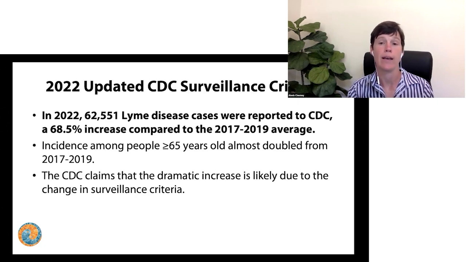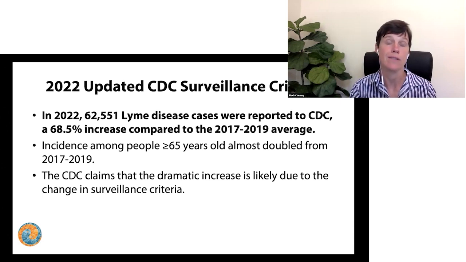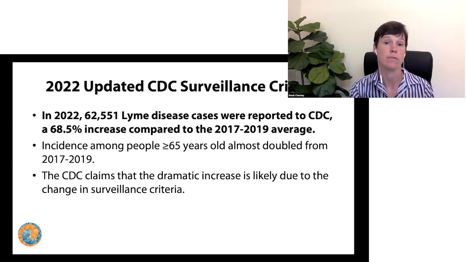And now, as I had shared earlier, we have the 2022 numbers in, 62,000 new Lyme cases. And this is a 68.5% increase compared to the 2017 to 2019 average. And the incidence, I think it's important to note, is really increased, almost doubled in the population of people over 65 years old.